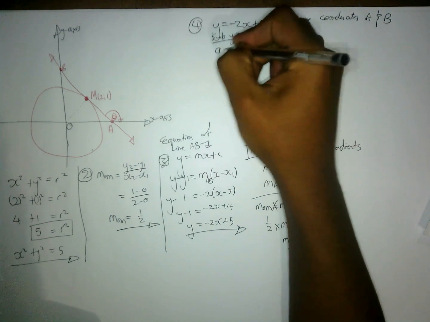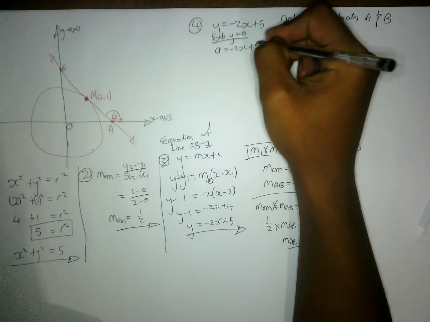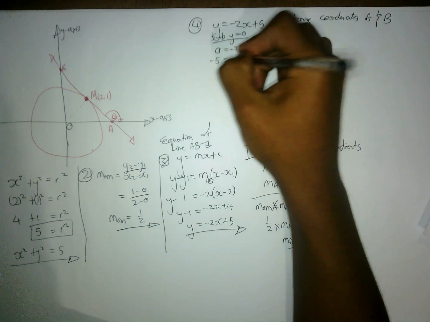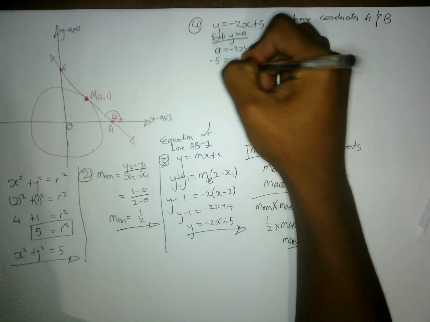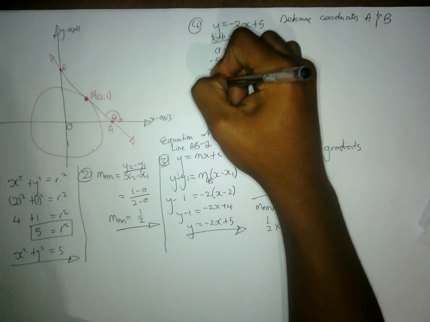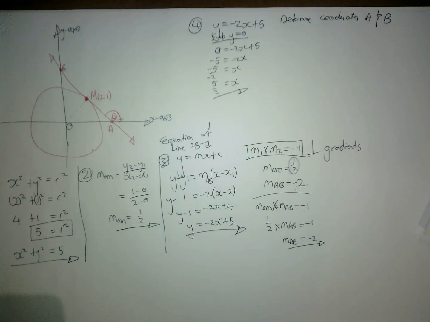So 0 equals negative 2x plus 5. Take the 5 to the other side, it becomes negative 5, negative 2x, x equals negative 5 over negative 2, x equals 5 over 2. Like that.